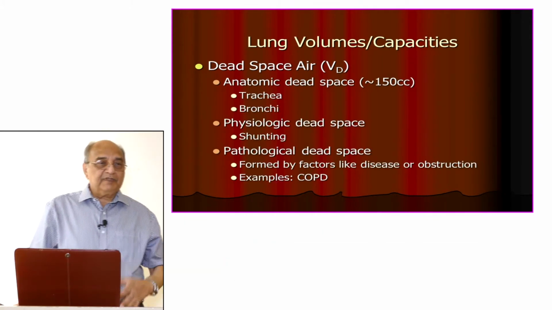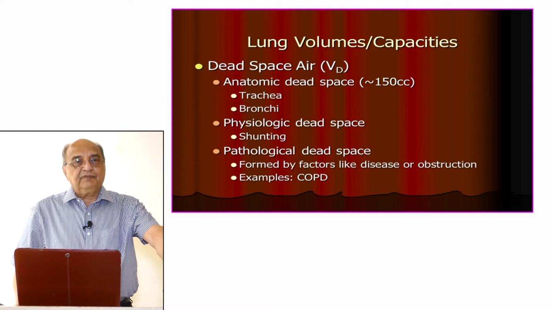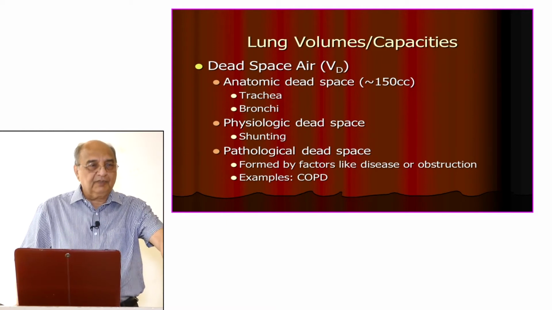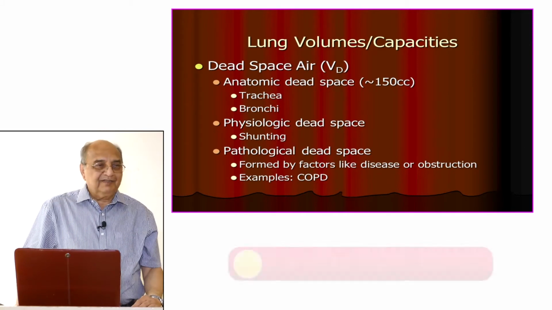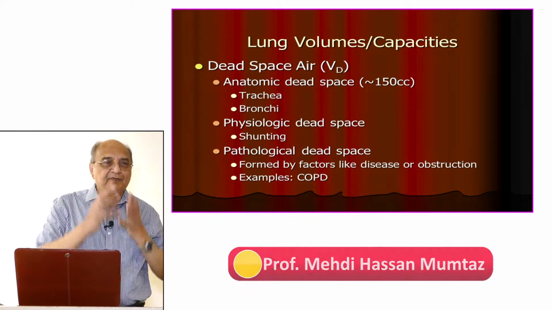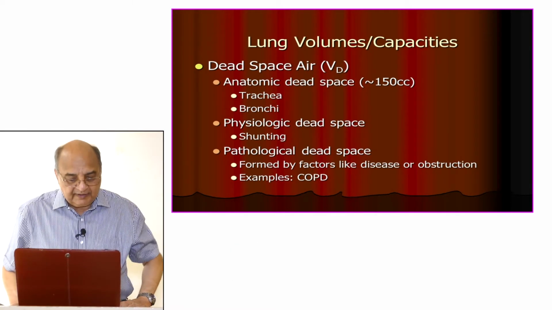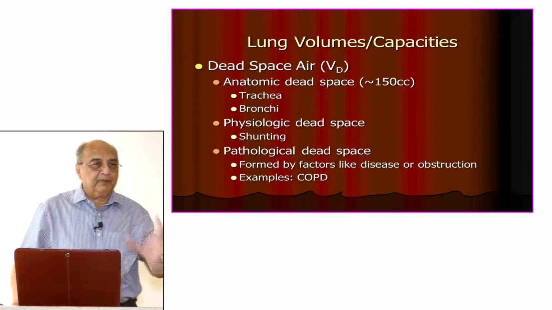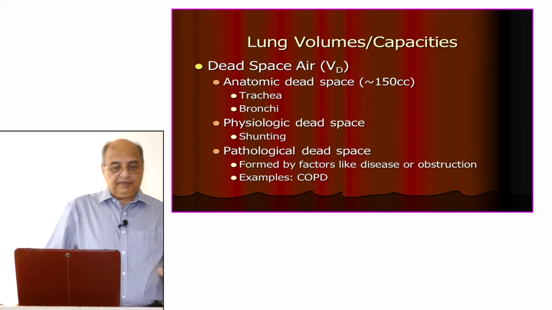Now again, dead space is of types: anatomical dead space, physiological dead space, and pathological dead space also. You go on dividing as you like, but dead space is a dead space. Dead space is a space where the exchange of gases doesn't take place, right? Anatomical dead space is in the trachea and the bronchi up to the respiratory bronchiole, the 17th generation of the lung division.